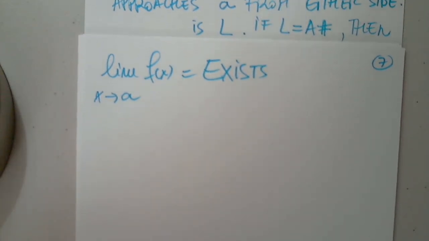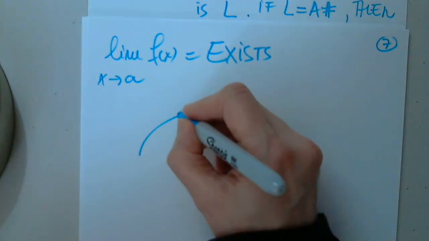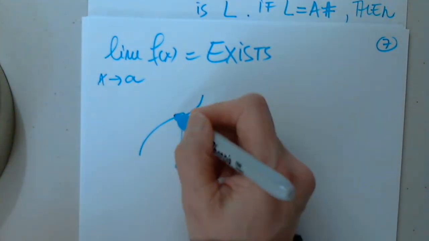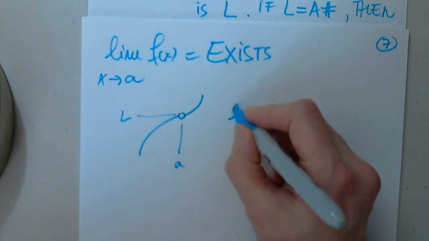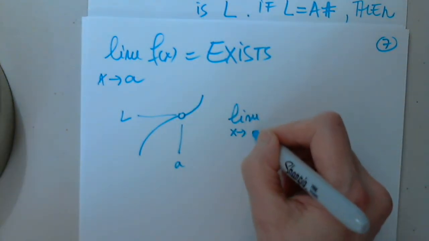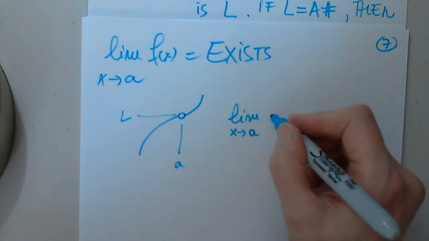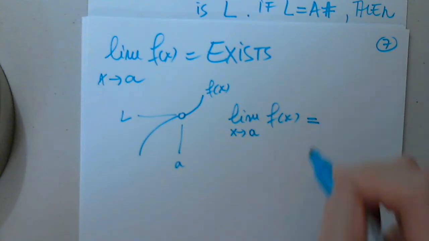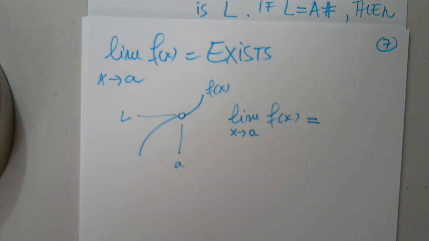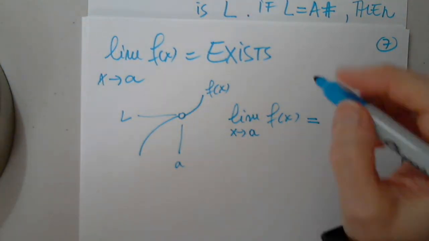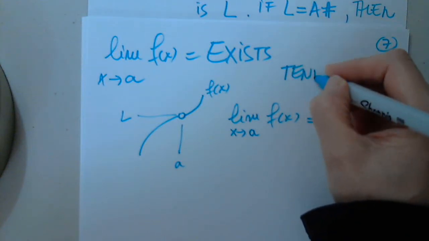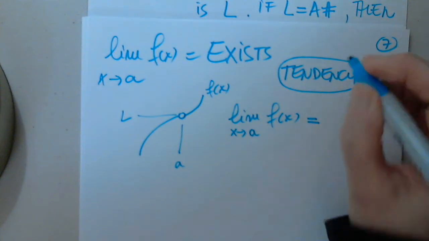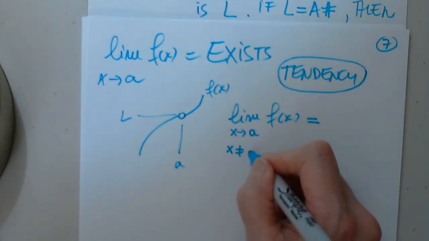Here's another situation. Again, I have A here, I have L here. Question. The limit as x approaches A of f of x. Of course, this is f of x. Does it exist or not? Before you say anything, we are only talking about tendency. We're specifically saying this.